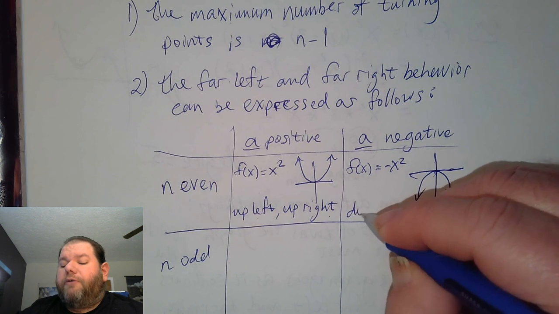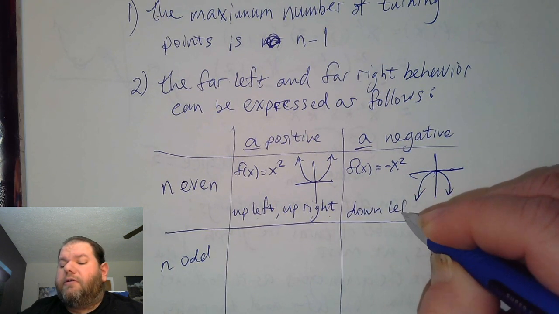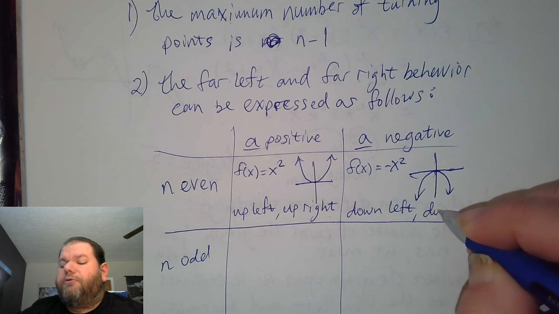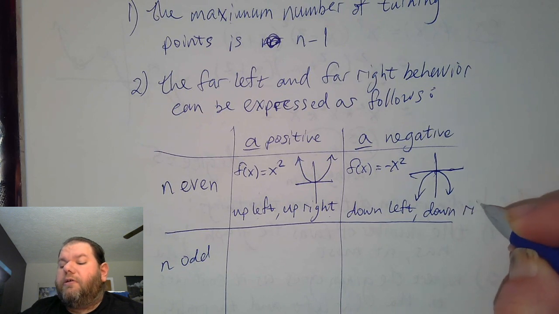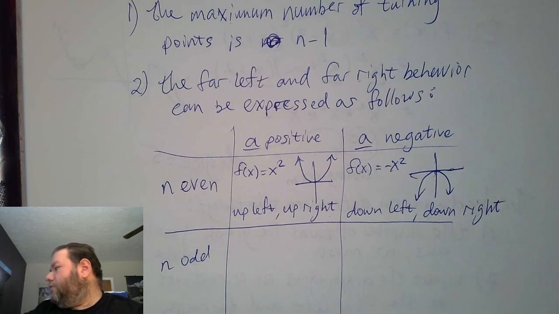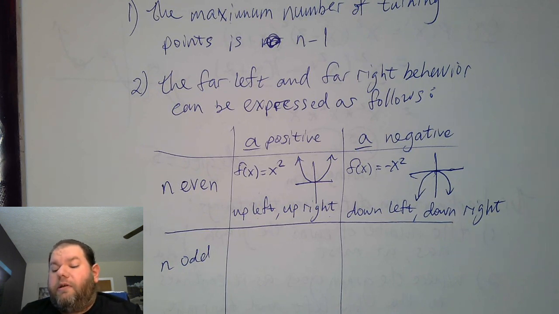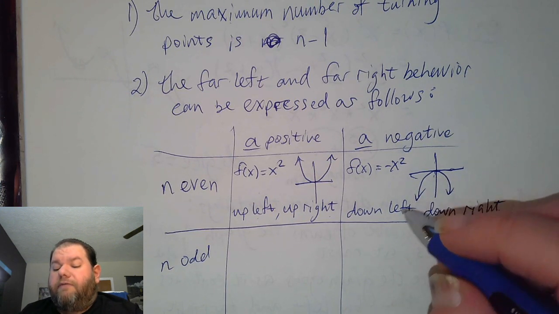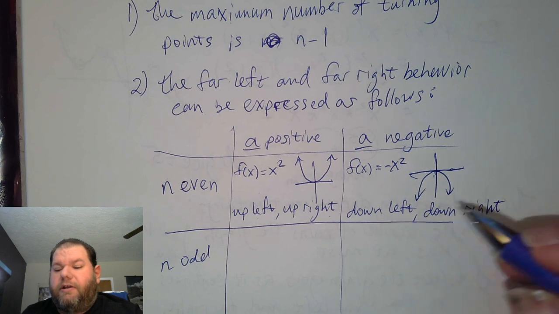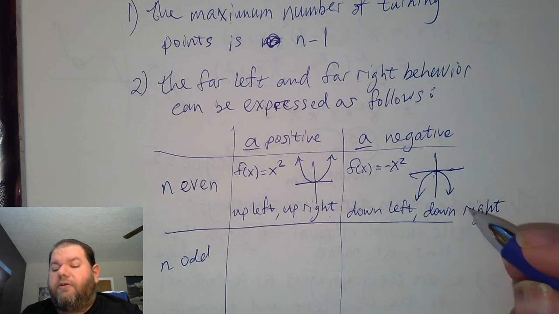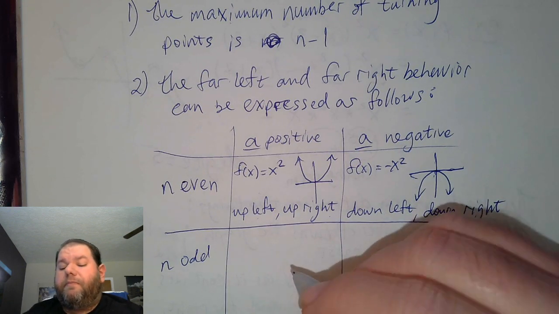And so that goes down to the left and down to the right. So as it continues to the left, it continues down to negative infinity. As it continues to the right, it continues down to negative infinity.